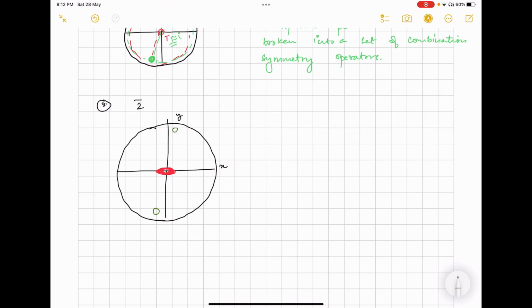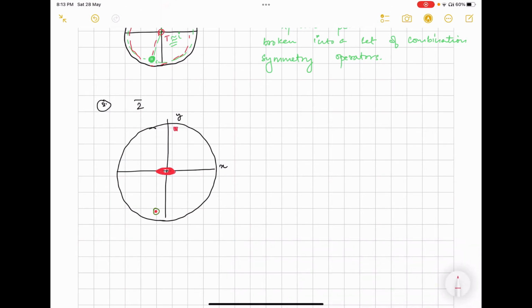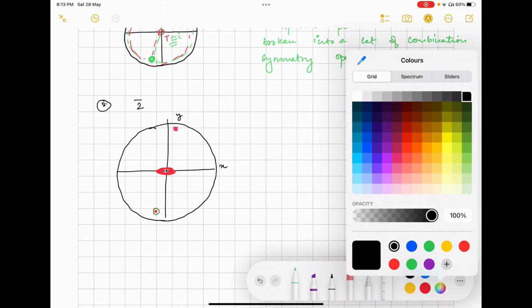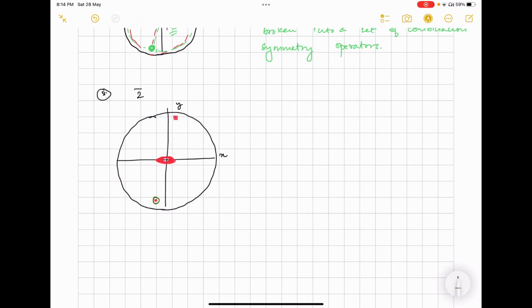So it would give me a left-handed point here. I won't be getting this point. Now this is rotated by 180 degrees and this would give me a point here, and when this is inverted it would land on a point here incident with the initial point. So actually I do not get this extra point. So these are the points that I get.